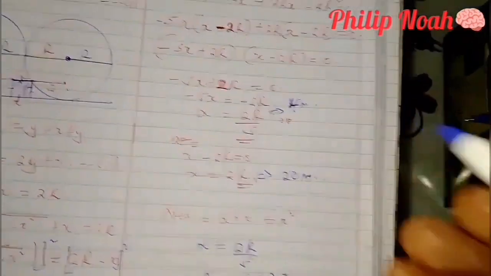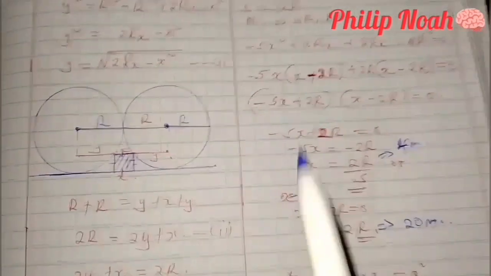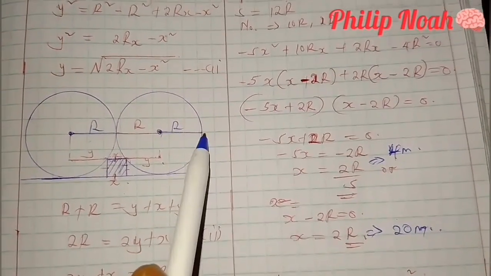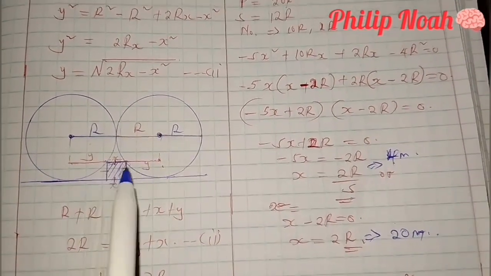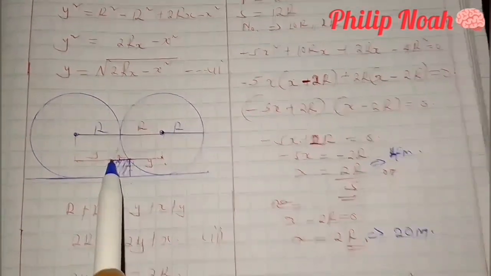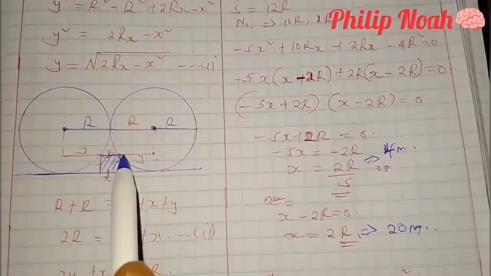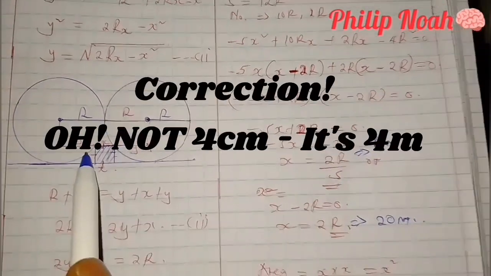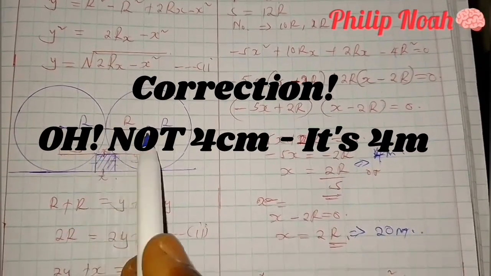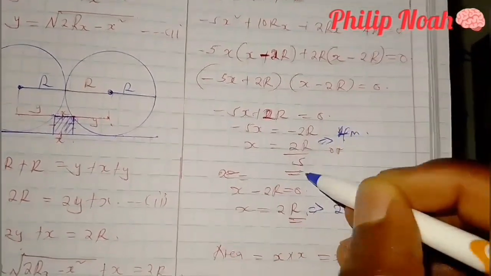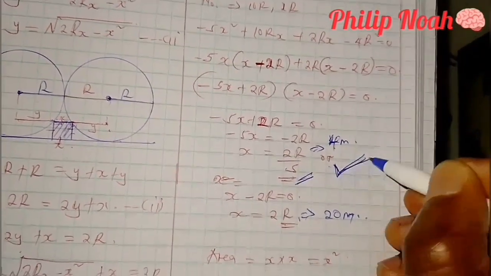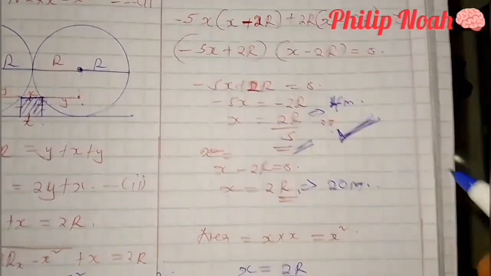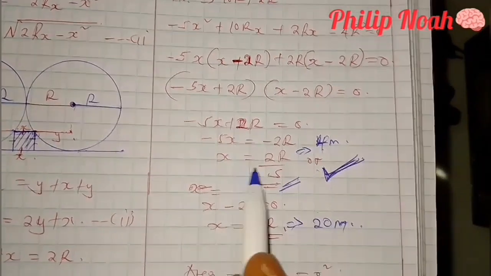So from the figure, if from this point to this point is 10 meters, is it possible that from this point to this point is 20 meters? No, but it's possible that it can be 4 meters. It's less than 10. Are we there? So this is the appropriate or the right relation between x and r.